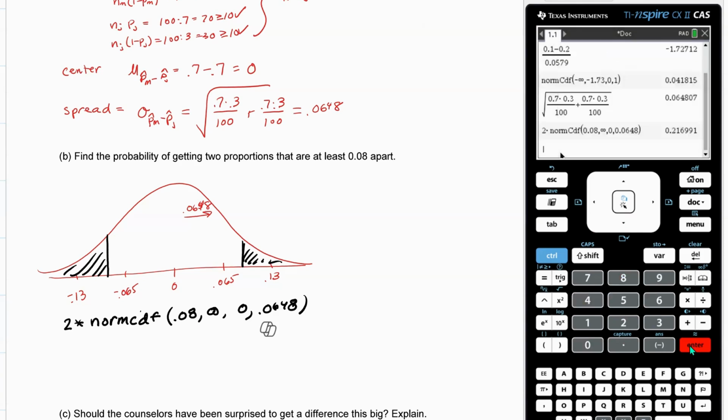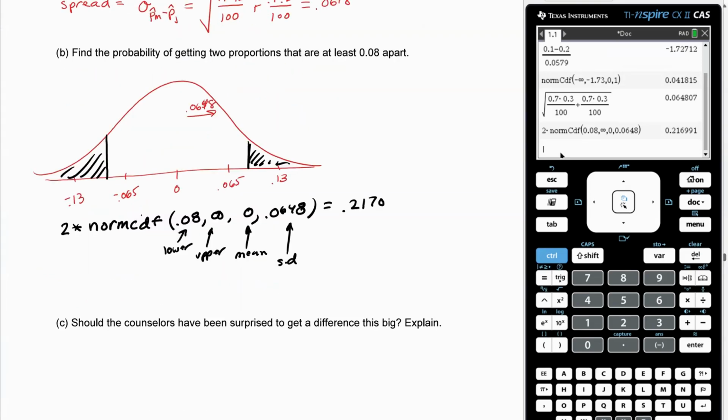Enter, enter. Oh, I probably should have said, by the way, lower, upper, mean, and standard deviation. But we get this number 0.216070. Okay, so there's our probability of that happening.